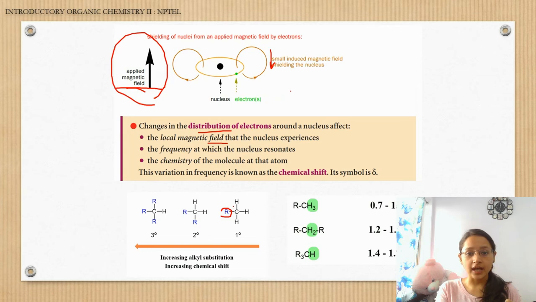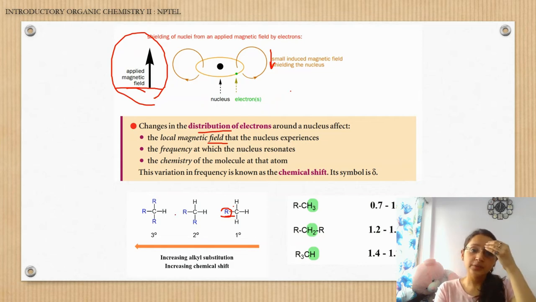The hydrogens connected to these carbons feel the induced magnetic field generated due to this alkyl group, and so they do not experience as much of the externally applied magnetic field. By increasing the substitution at these carbons, the plus I effect also increases, so the electron density at this particular carbon is very high.